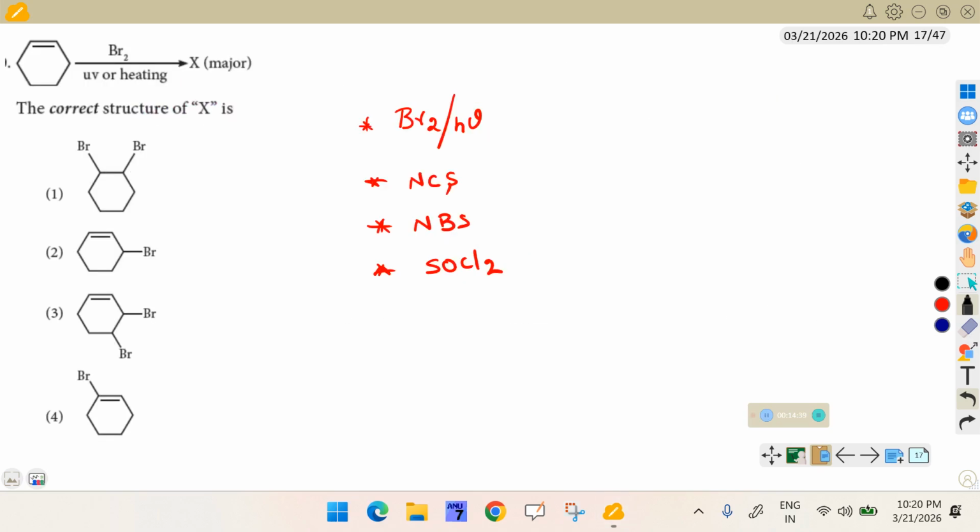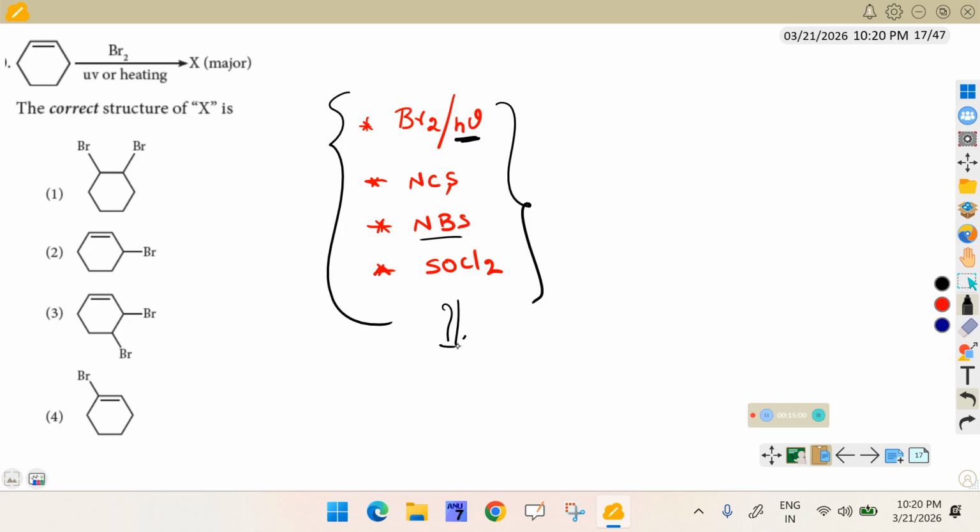The correct structure of X is, remember, Br2 in the presence of sunlight, NCS, NBS, SOCl2. NCS means N-chlorosuccinimide. NBS is N-bromosuccinimide.